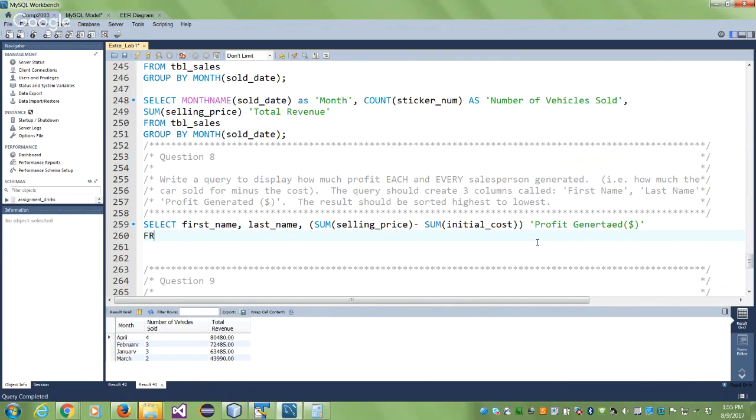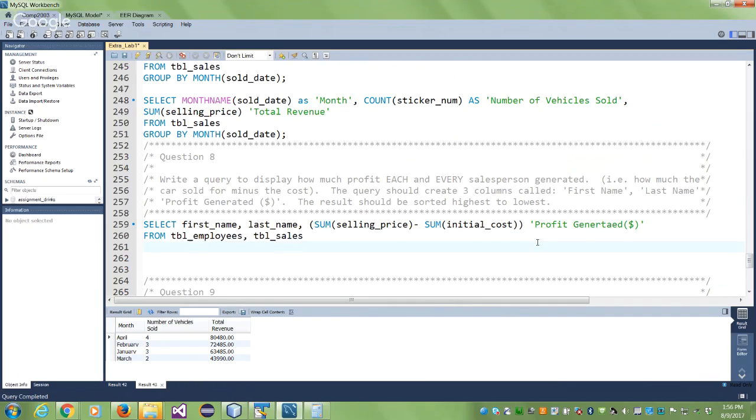Okay, so from table employees and of course the table sales. And I'm doing an inner join, assuming I only want to show profit for people who made profit. It's not saying show the profit as 0 or whatever, right? And sum up all the selling prices and then sum up all initial costs will give you the profit the person made.